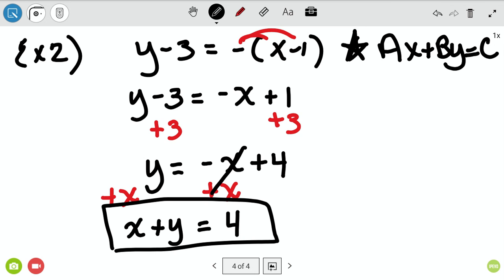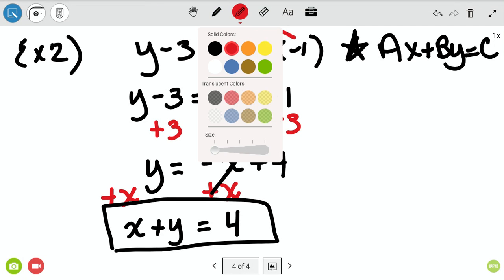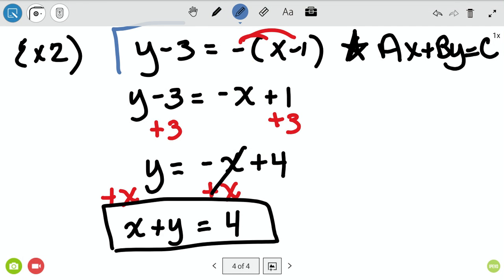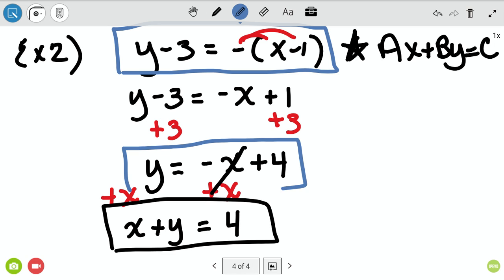And I want to show you along the way, and I just want to point this out, and if we have time when I'm done with the notes, I want to show you guys this. I told you we started out in point-slope form, right? This is point-slope form. We did a little bit of algebra, and we got to slope-intercept form. And then we did a little bit more algebra, and we got to standard form. These are all just different forms of the exact same line.